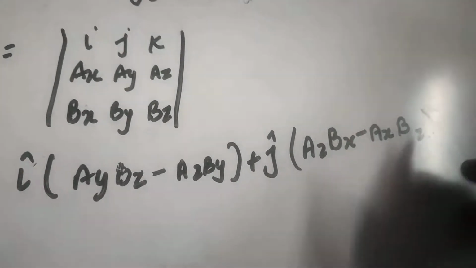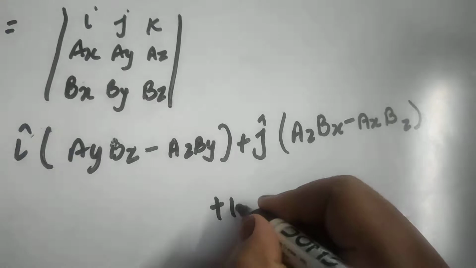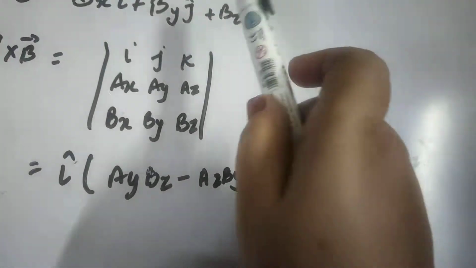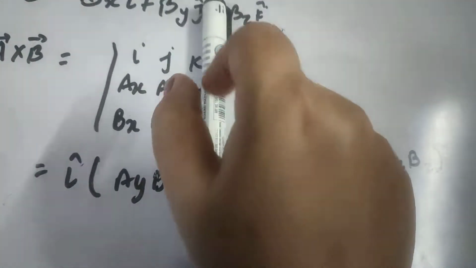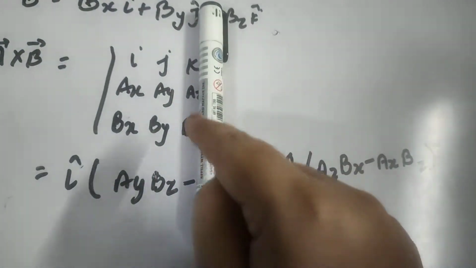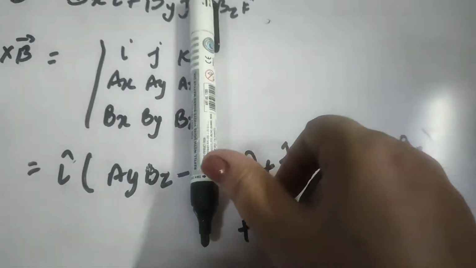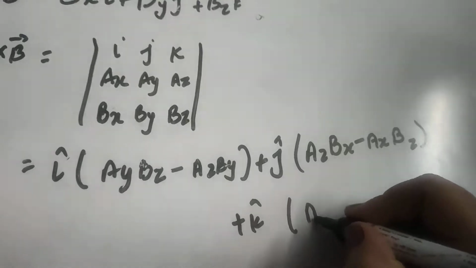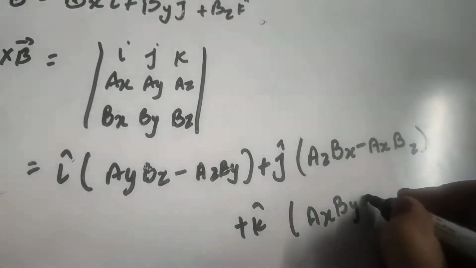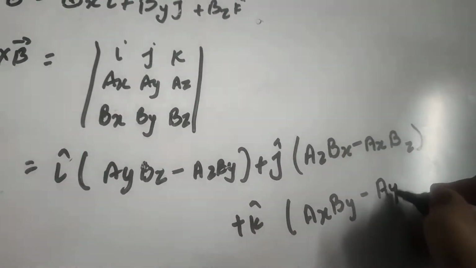Now, to write the k cap coefficient, we hide the k column and again go left to right: ax by minus ay bx.